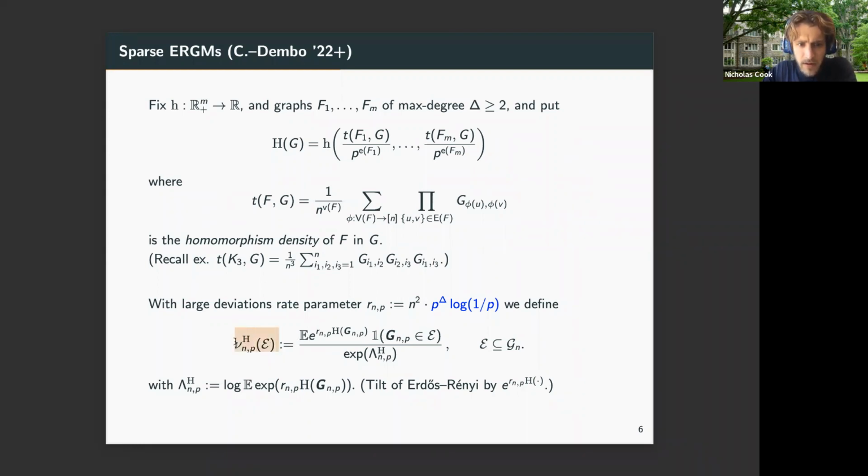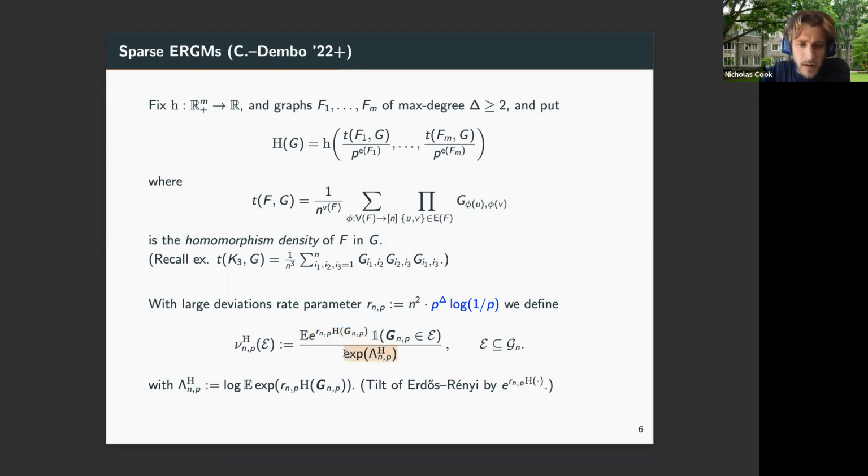Here I write it as a tilt of the Erdős-Rényi measure. The measure assigned to some collection calligraphic E of graphs is given by this tilted measure, where I reweight the distribution by the exponential of R times the Hamiltonian.